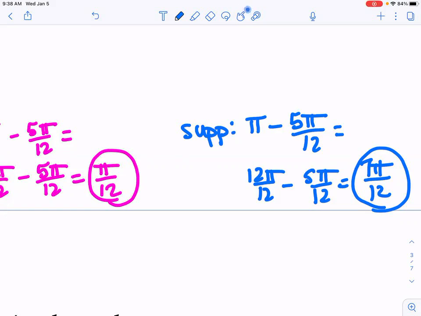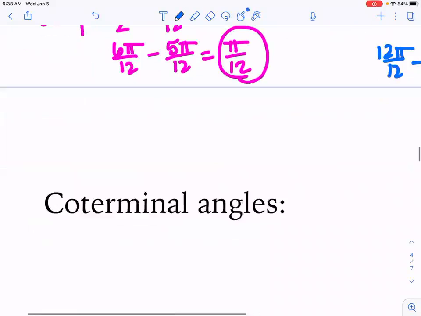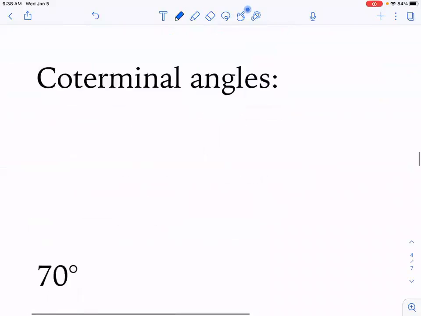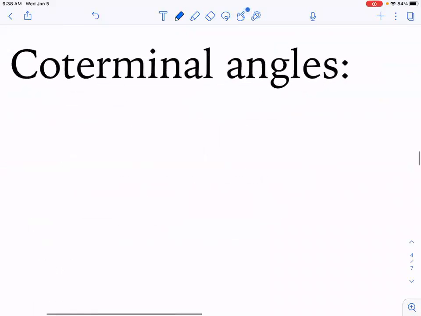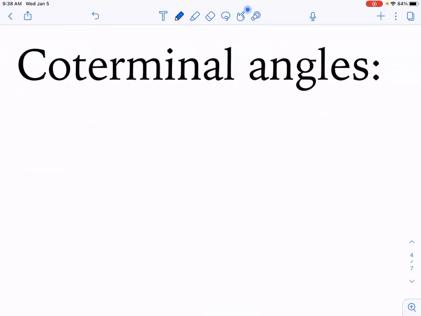You guys probably remembered those two words pretty quickly. Our next word is coterminal angles. This might be one that's a little bit more difficult to find back there in your files. I know that you talked about it last year in Algebra 2, but let's just brainstorm at your pod what coterminal angles mean.